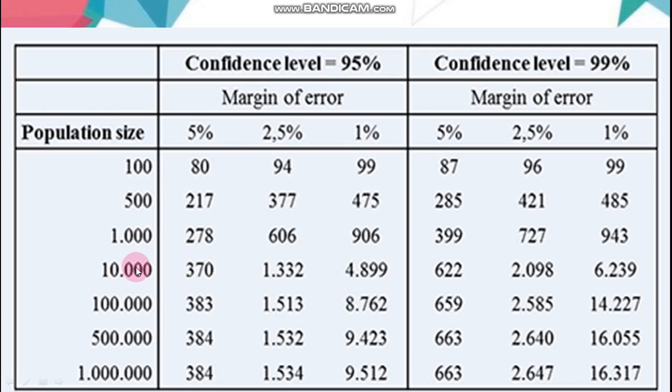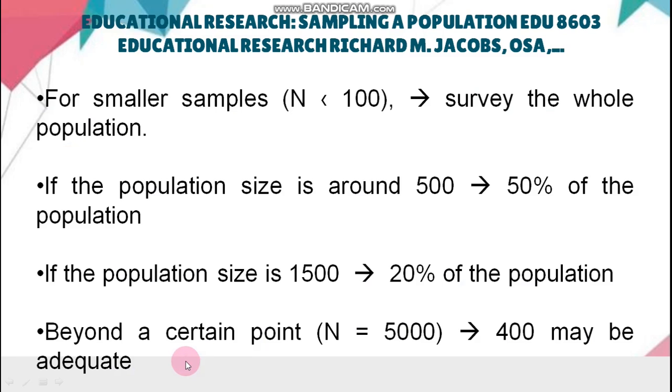At certain level, there is not much difference in the sample size. In 1 lakh, the sample size is only 383. In case of 5 lakh population, there is not much difference in the sample size. It is just 384. So, nearly 400 sample size is enough for any kind of research work.